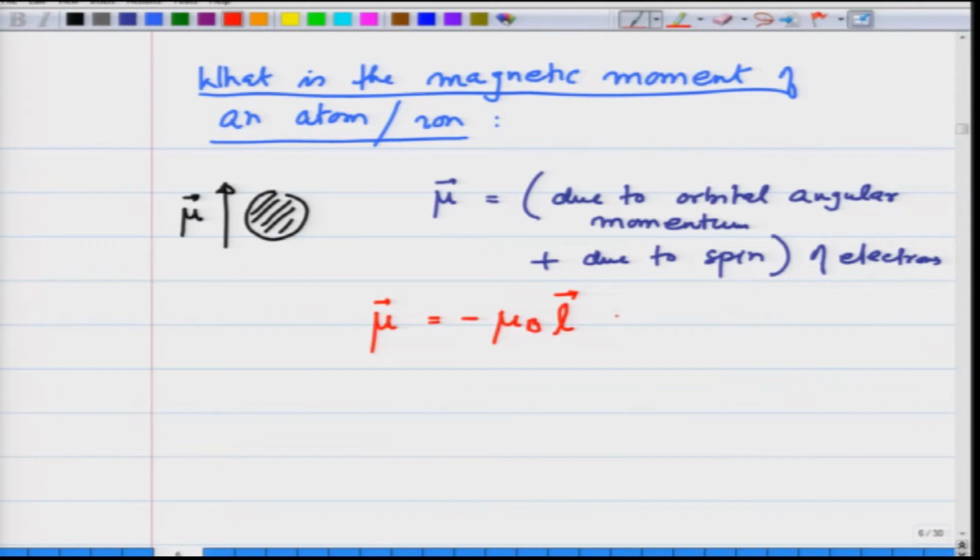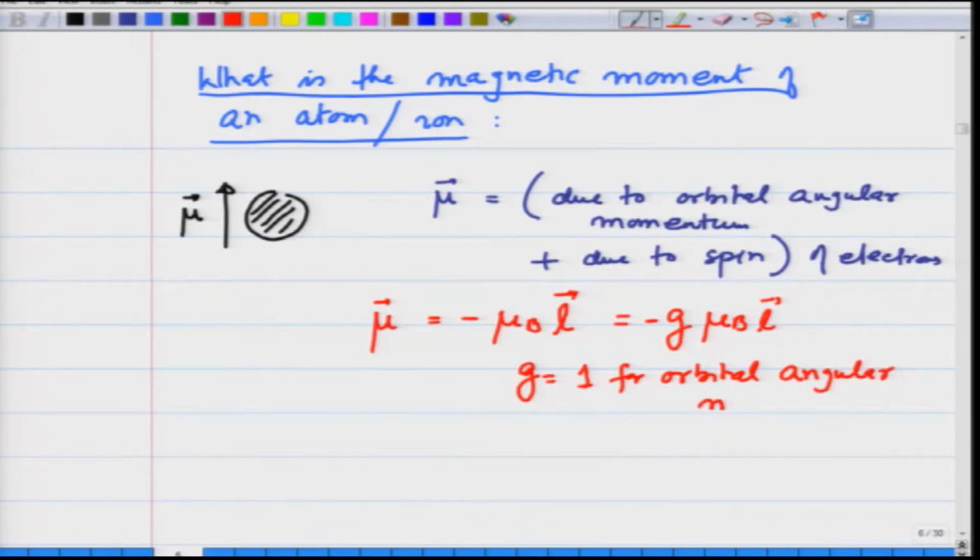If I write it in the form that I was writing earlier, I will write it as minus g mu B L, where g is equal to 1 for orbital angular momentum, and mu due to spin is going to be minus mu B g_s S, which is minus 2 mu B S due to spin.